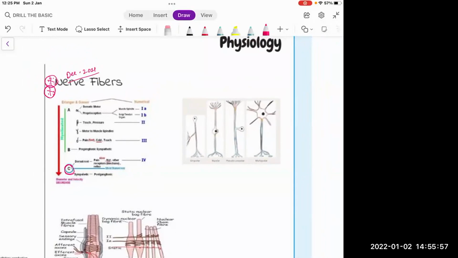So we cannot say only this is important, only that is important. Overall, this classification of nerve fibers is important.